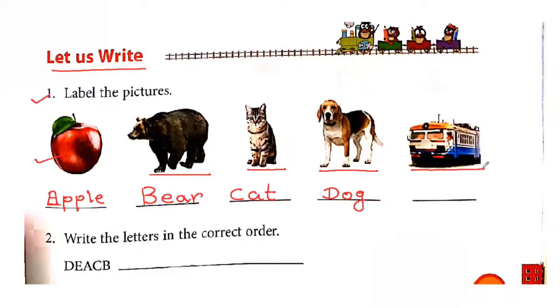This is the picture of the train's engine. So E for engine. E-N-G-I-N-E. So students, A for apple, B for bear, C for cat, D for dog and E for engine.